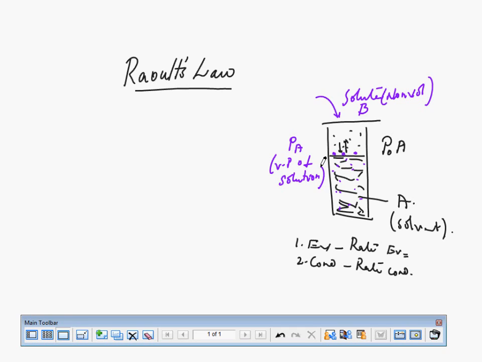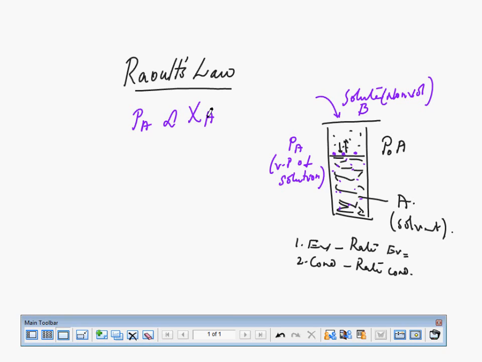Vapor pressure will further come down. So, does it mean that P of A is directly proportional to the amount of solute we put? What Raoult found out is, P of A is found to be directly proportional to the mole fraction of the solvent.